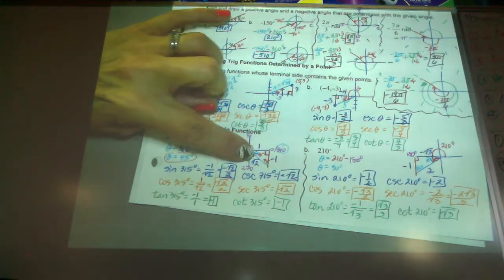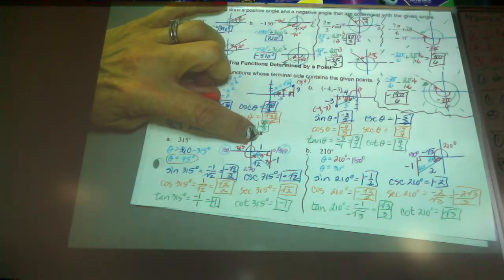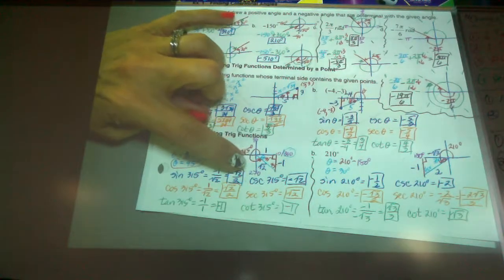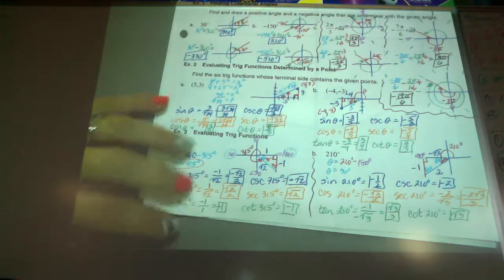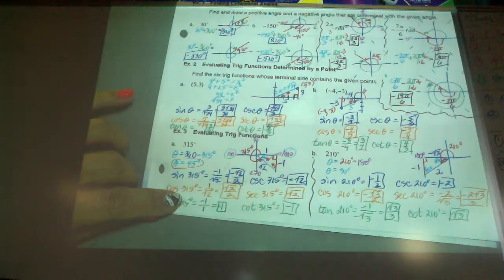But if I put 45 degrees in my calculator, it thinks it's in quadrant 1. So it will 100% of the time give you a positive answer for sine, cosine, and tangent. But if I put 315 in my calculator, it knows what quadrant it's in, and it will give me the proper sign. But it's not going to give me the exact answer. So it should kind of clue you in that you've done something wrong, or maybe attached the wrong sign within your special right triangle.